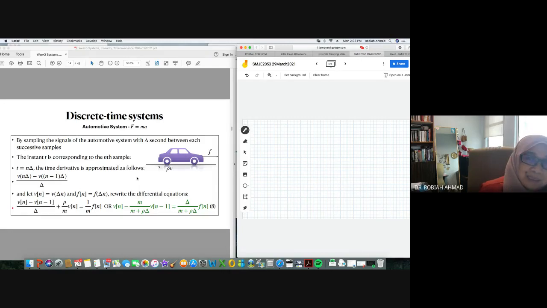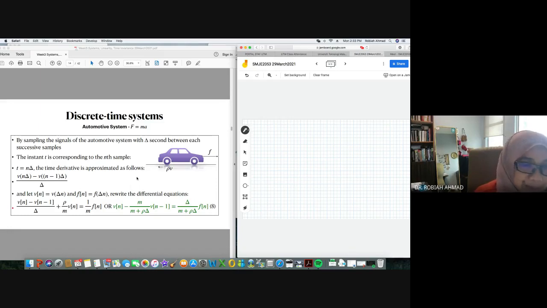Sometimes we sample every 10 seconds or every 1 minute. That is sampling. Because if we take the data every second, for example, the data will be huge. So in this case, we sample, say every 20 seconds one data point goes into our data acquisition and so forth. So by sampling the signal of the automotive with delta seconds, for whatever the sampling time that we choose.